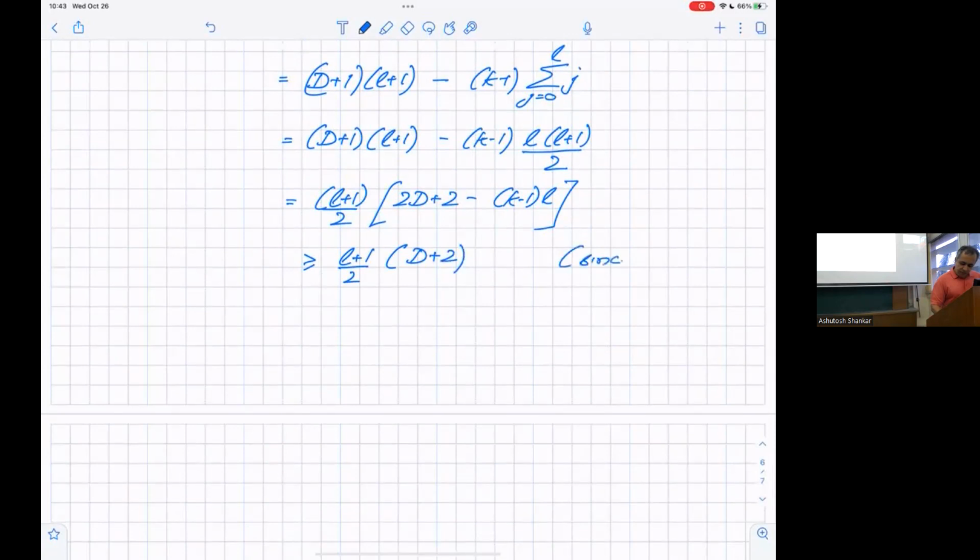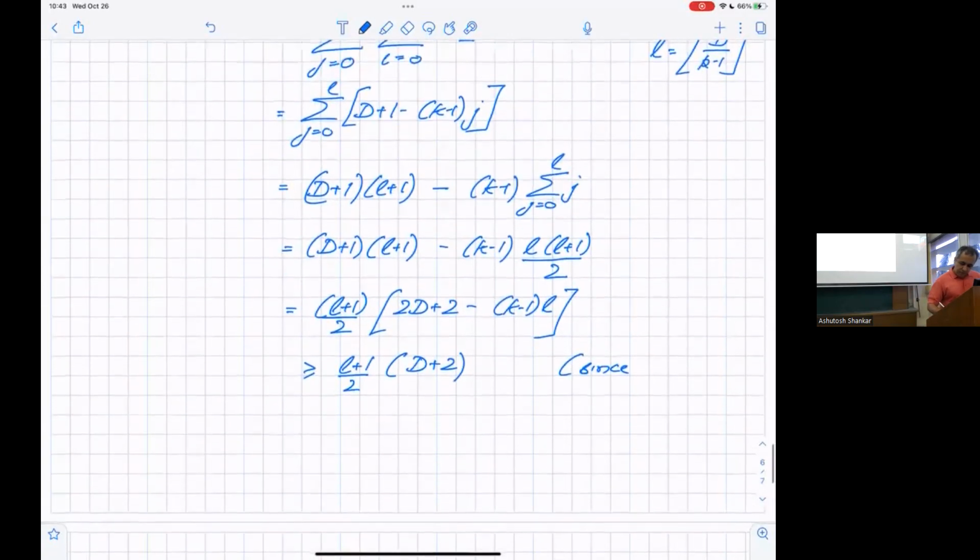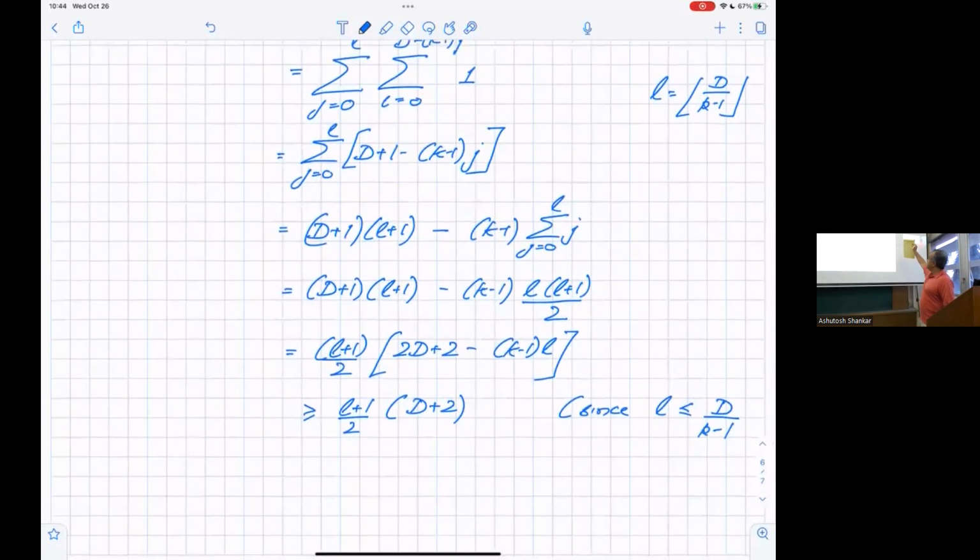Since l is less than or equal to d by k minus 1, l has been chosen to be the floor of that. Therefore, l is certainly smaller than this. So when I subtract (k minus 1) l, I'm subtracting at most d. I get d plus 2. All of this is just to make this form nicer.